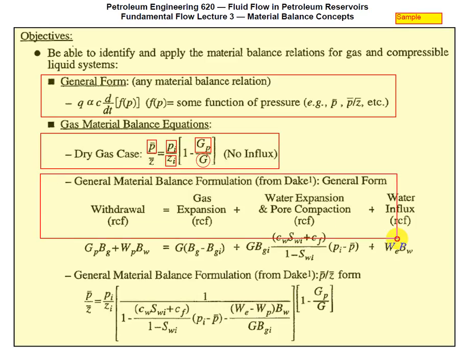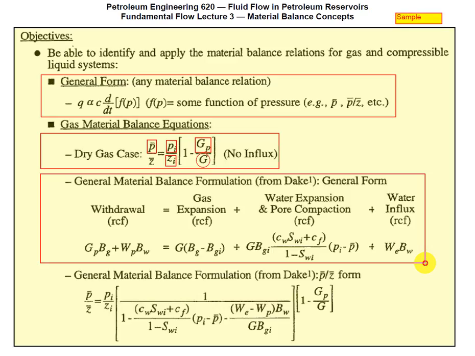The next is the general material balance equation taken from Dake, D-A-K-E. And what you notice is that there are all sorts of different terms. There are withdrawals of gas and withdrawals of water. You don't think about it, but water is something that's taken out of the system.